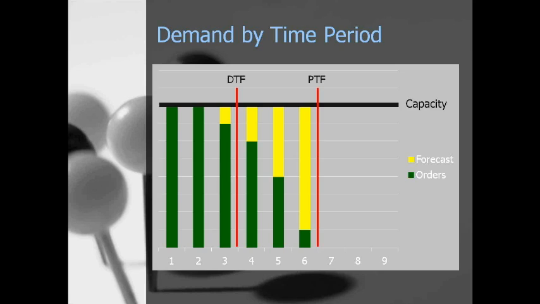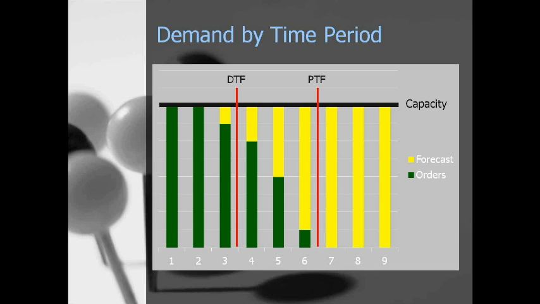At the end of that 3 periods, period 6, is our planning time fence. Beyond the planning time fence, most of our capacity is consumed by orders that we have on the books to meet forecasted demand. We don't actually have customer orders for this yet. We have a master schedule that says we need to be producing these items in this period of time because that's what we think we're going to be selling.